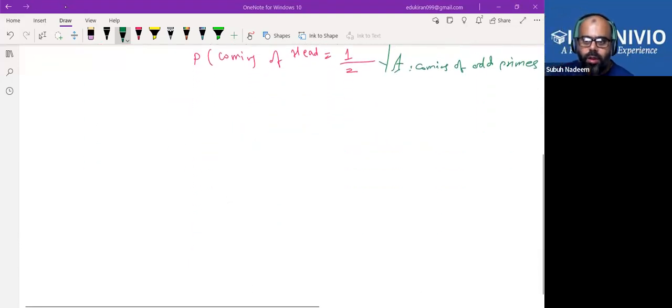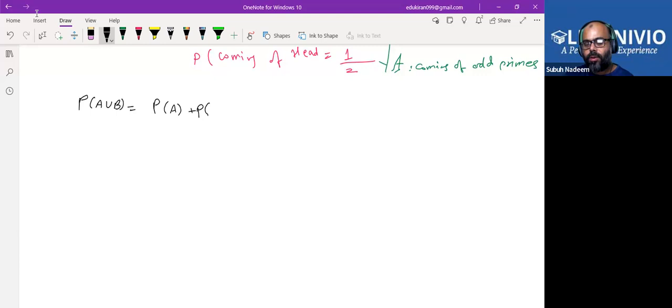Okay. Now, there is a very important rule, which is the addition rule, that probability of A union B is actually probability of A plus probability of B minus probability of A intersection B. Have you seen this formula? Yes, sir. Okay.